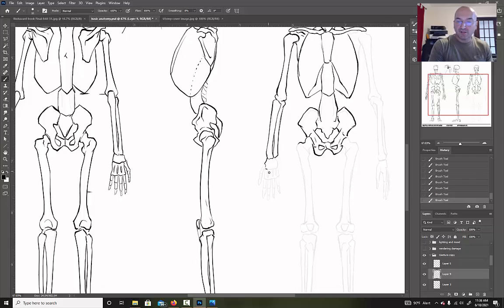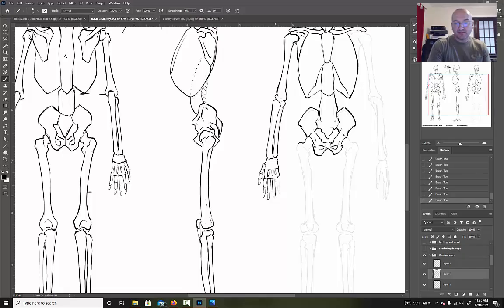Now, if you want to go through here and flesh out these bones and label them, this could be an actual good sheet for you to look back on, to make sure that you're putting them in the right place and remembering what they are.